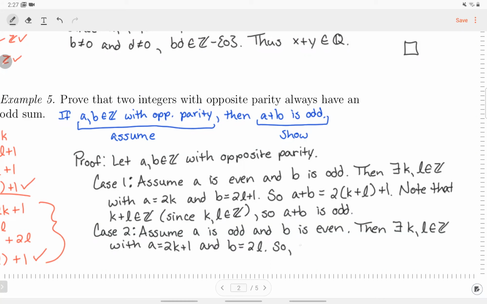So similar to case 1, A plus B equals 2 times K plus L plus 1, which is odd. And we don't have to rewrite all our logic as to why that's odd. We can just say, okay, this is similar to case 1. When I add them, I get the same thing, which is odd.